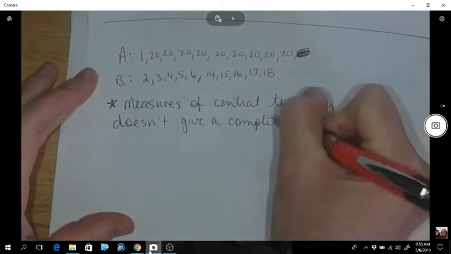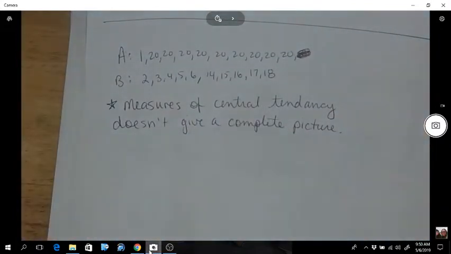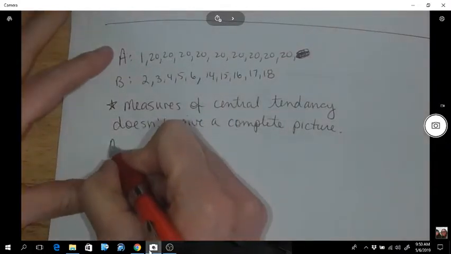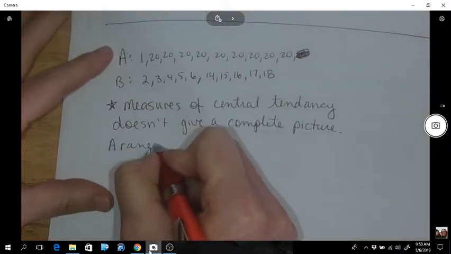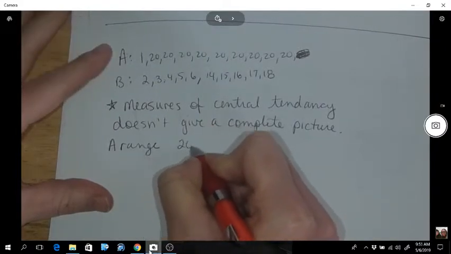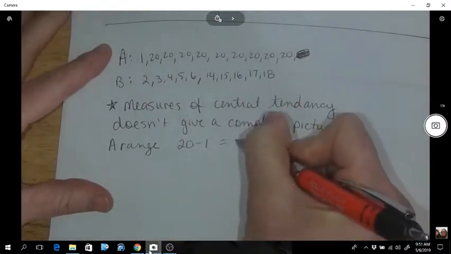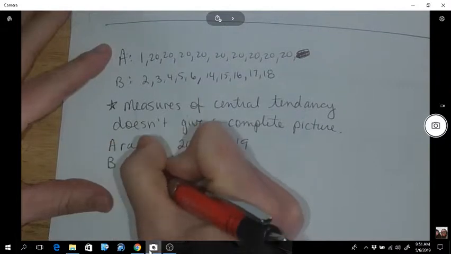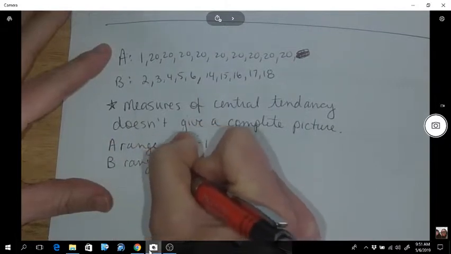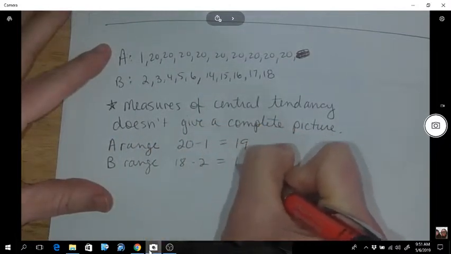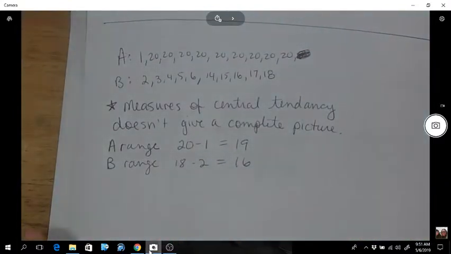We learned last time that it gives us an idea about the data, but not always everything. The range also helps us understand the data. A has a range of 20 minus 1, which is 19, and B has a range of 18 minus 2, which is 16. That doesn't really give us that much more of an idea about the data.